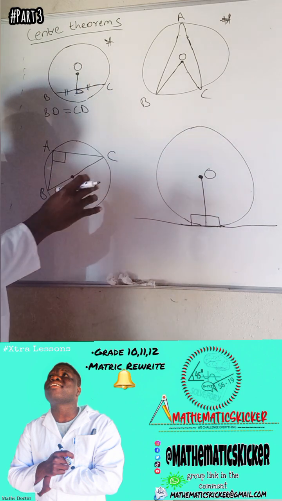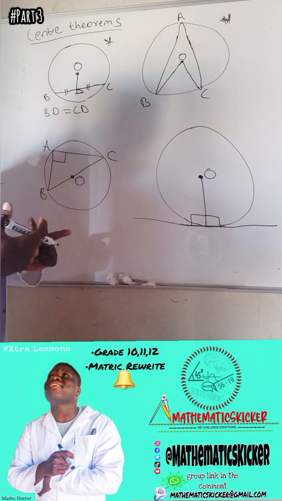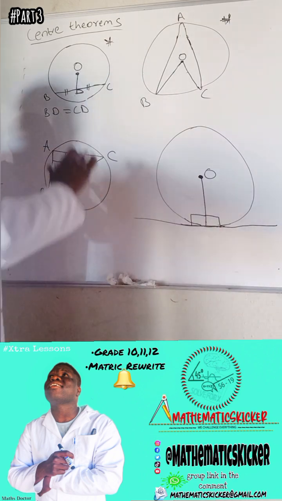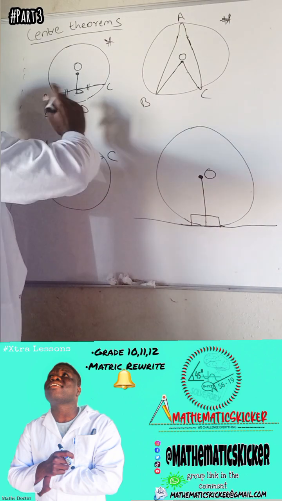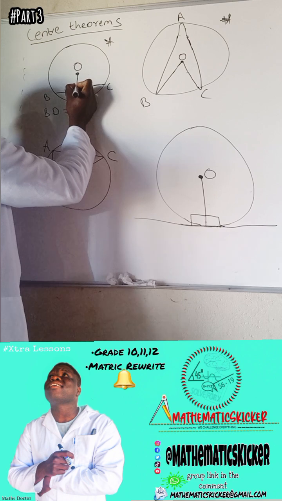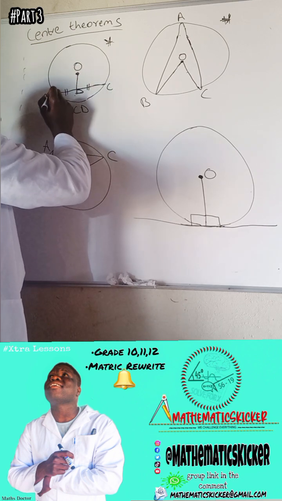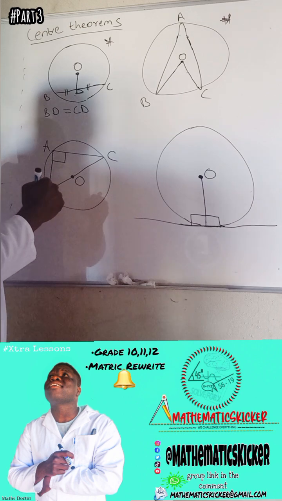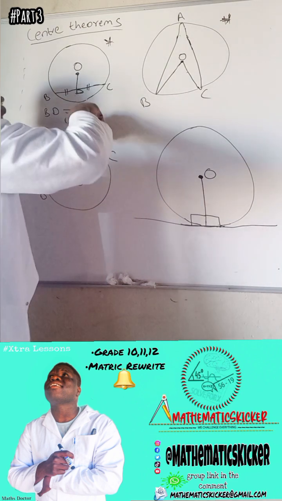We have what we call the converse. It means that if we are given a theorem like this, we can conclude by saying OD is perpendicular to BC. If we are given a theorem, then we'll be given a converse to prove a theorem.